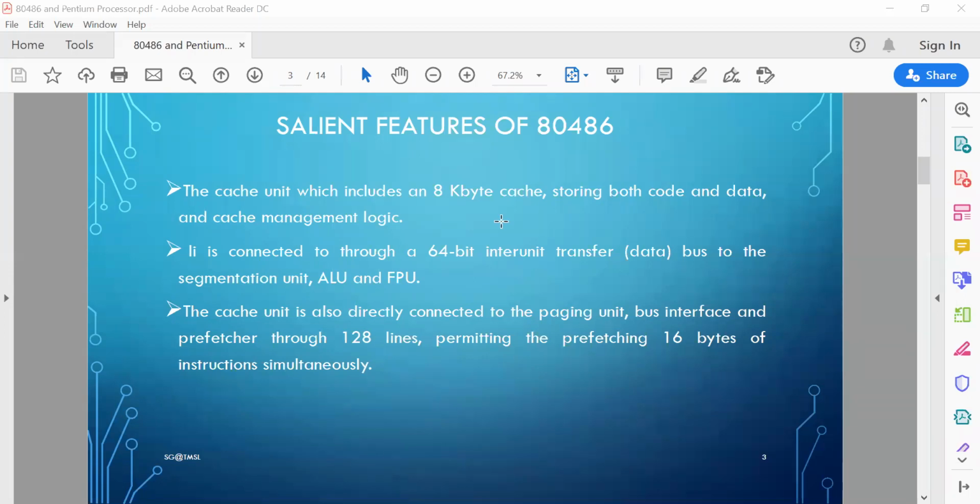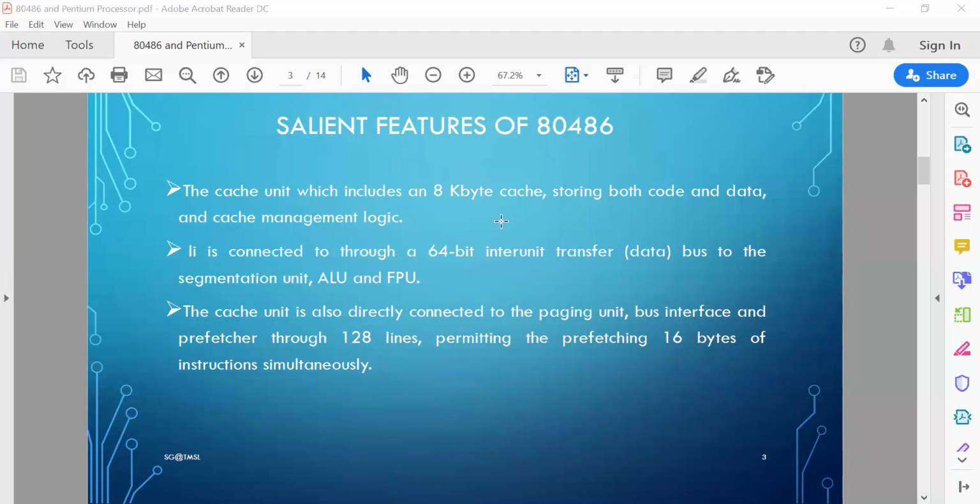One line can access 8 bits, so 16 bytes means 16 into 8, that is 128 lines needed to access 16 bytes of instructions at the same time.